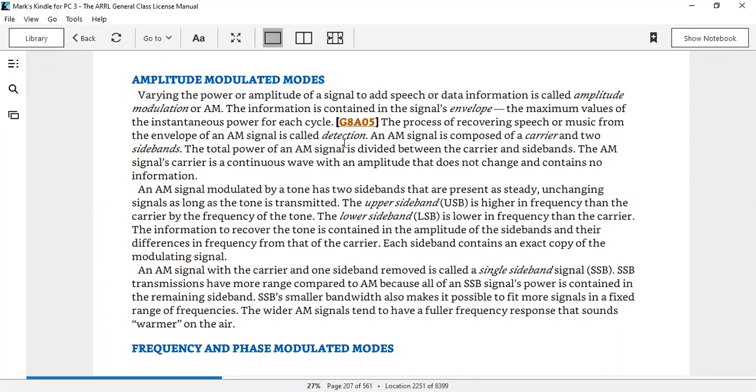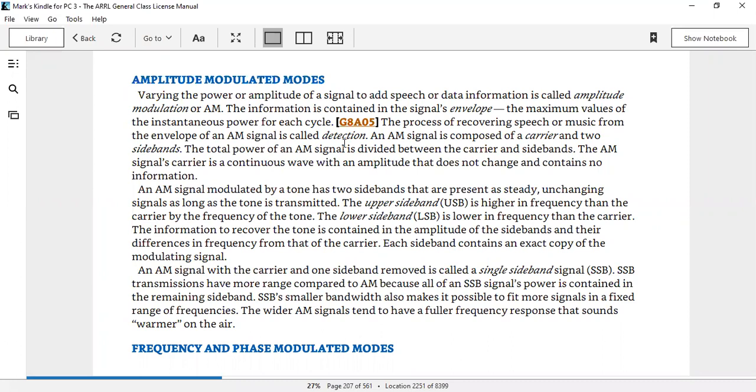An AM signal is modulated. What that means is you are adding the information, and in our situation it's voice, because we don't play music over ham radio.